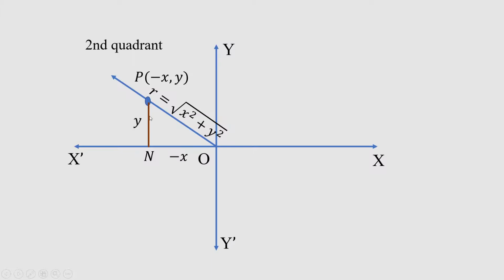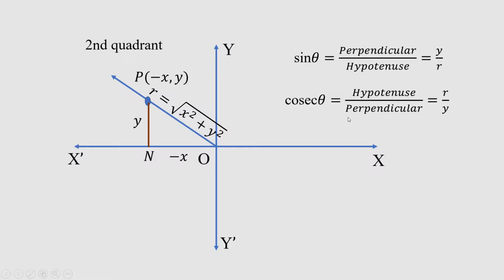So ratios between these two positive terms will be positive. Then sin theta is equal to perpendicular by hypotenuse, y by r. This ratio is positive. Again cosec theta, hypotenuse by perpendicular, that means r by y, is also positive. Other ratios are negative here.